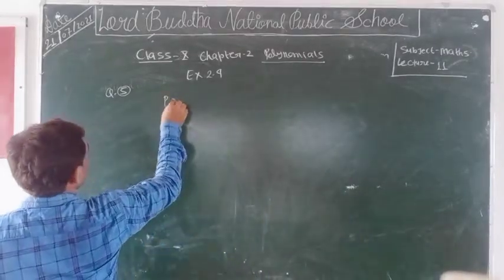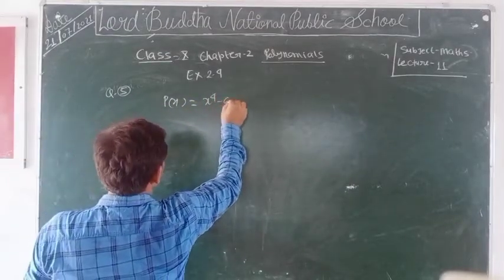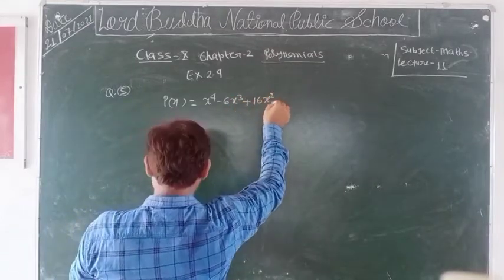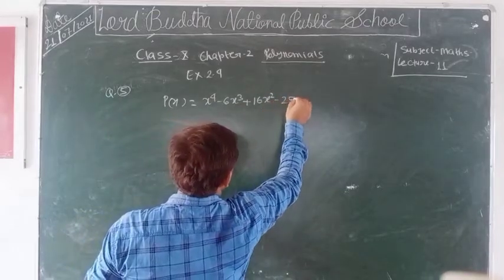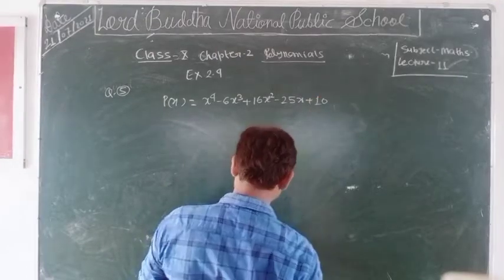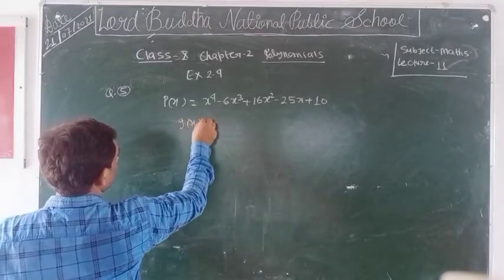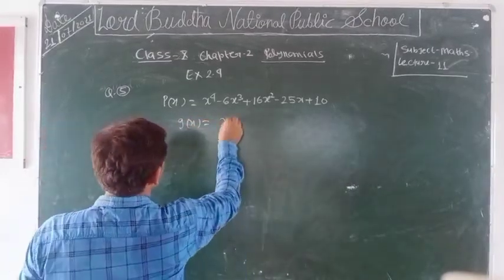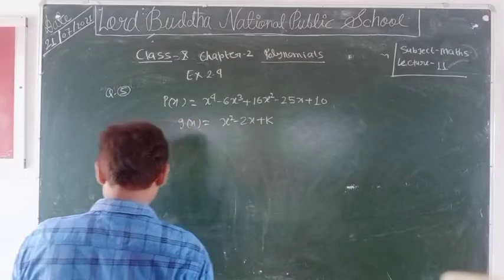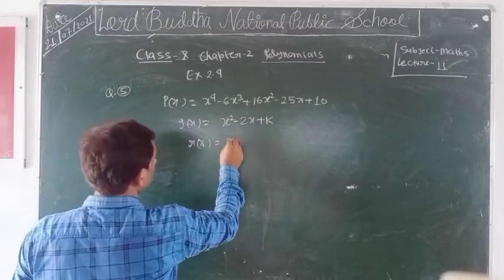Let p(x) equal x power 4 minus 6x cube plus 16x square minus 25x plus 10, and g(x) is x square minus 2x plus k, and r(x) equal to x plus a.